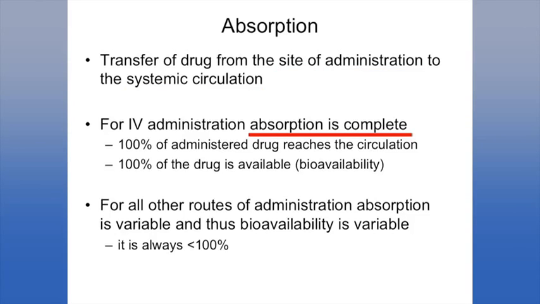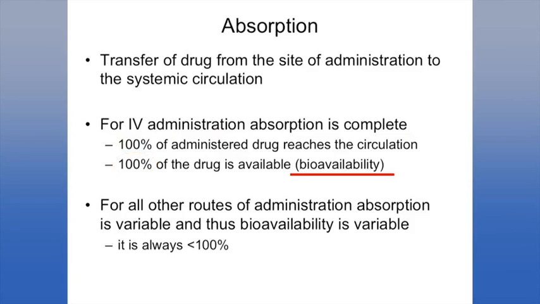Well, simply stated, it means that 100% of a drug administered into the vein is already in the circulation because the blood is circulating through the vein. And for this reason, we say 100% of a drug administered intravenously is available. We also use the term bioavailability.